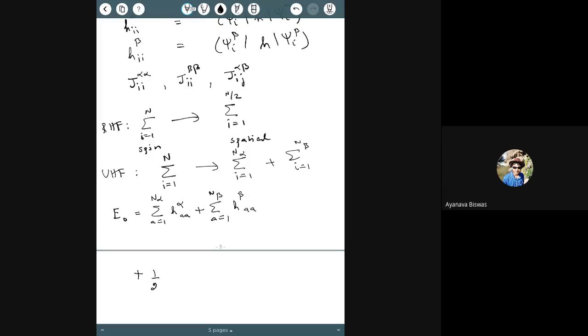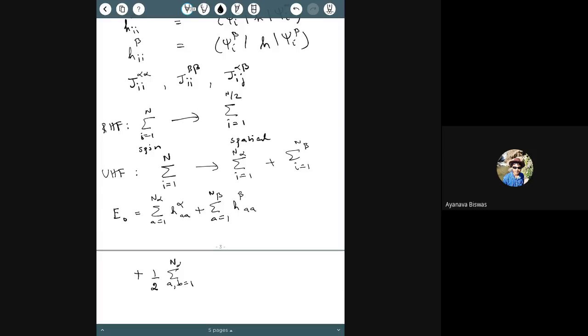That's not so good for today. Half of sum AB, which is a double sum going from 1 to n alpha for both alpha.